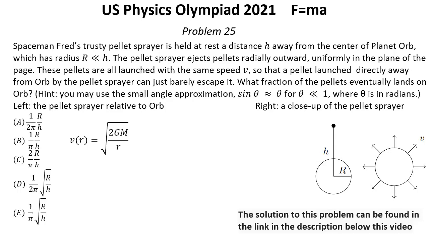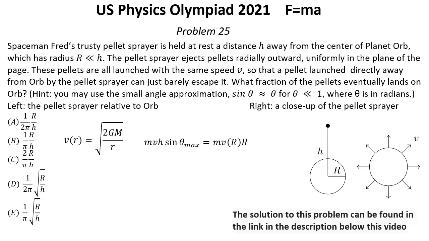Then, by conservation of angular momentum for a pellet of mass m launched at angle theta from the vertical, we have m v h sin theta maximum equal m v at point big R multiplied by big R.